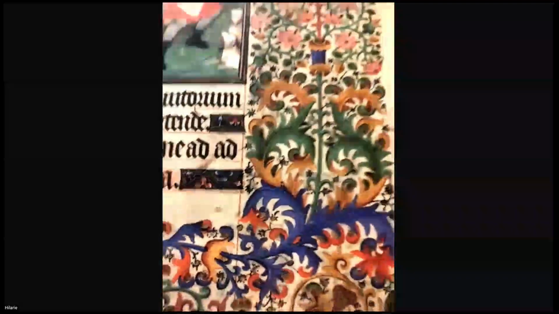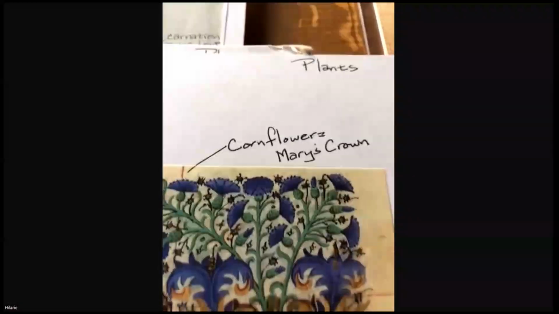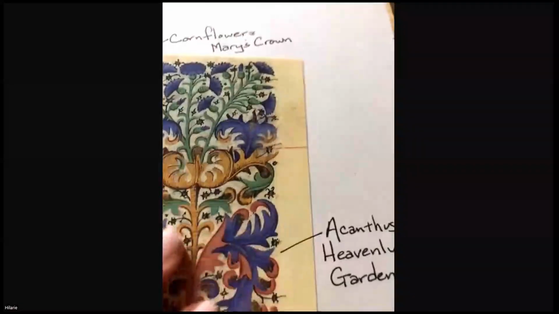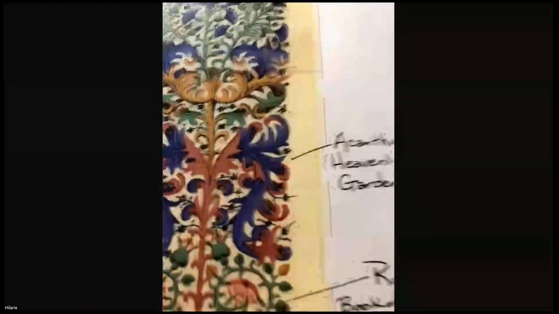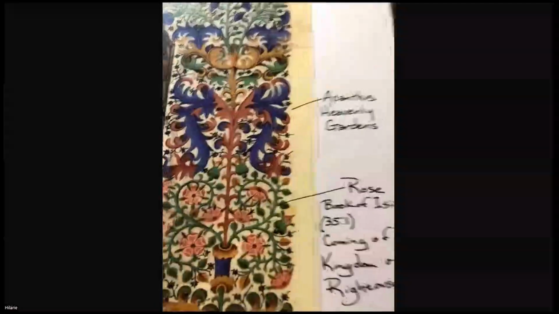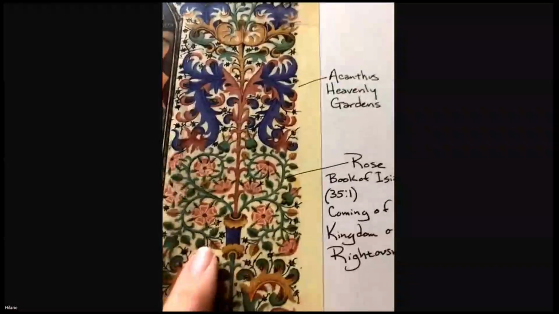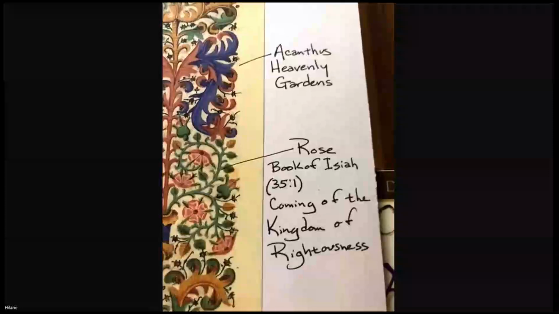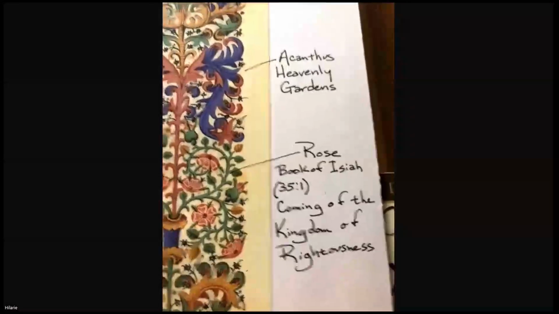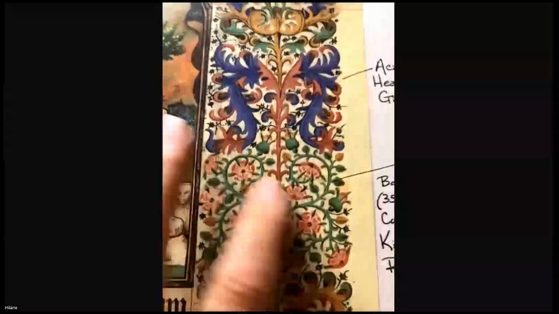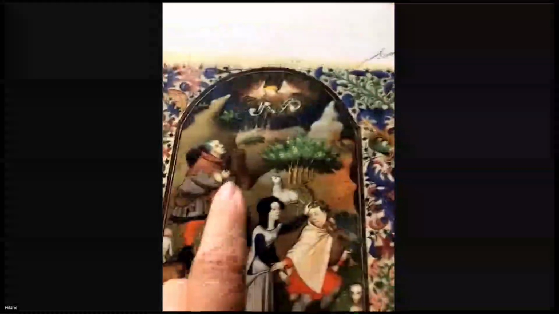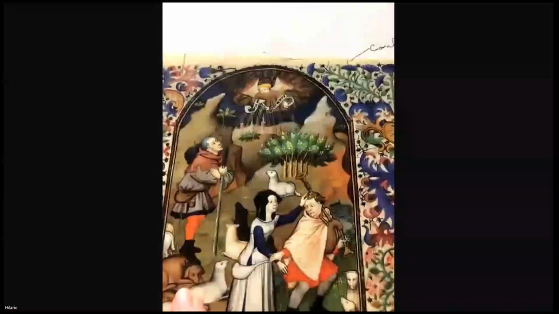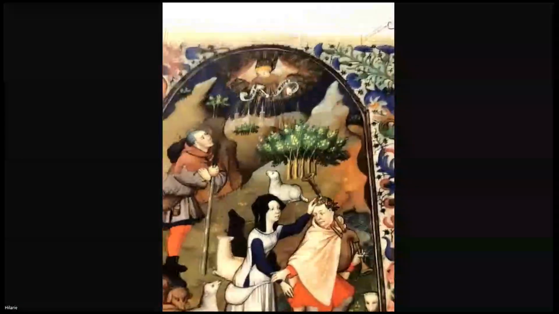And again, here we go with cornflowers. They represent Mary's crown again. Heavenly gardens are invoked with acanthus. Roses in Isaiah, the coming of the kingdom of righteousness. So they'll show up a lot when we're talking about the Christmas story, as we call it.